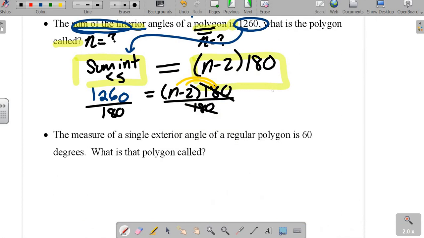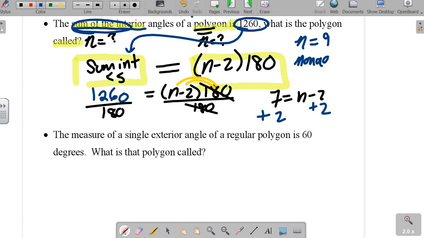So the left becomes 7, and then I have n minus 2. I'm going to add 2 both sides, and I end up with n equals 9. You're not done, because you're not just asked what is the number of sides, you're asked what is it called. And a 9-sided shape is a nonagon.